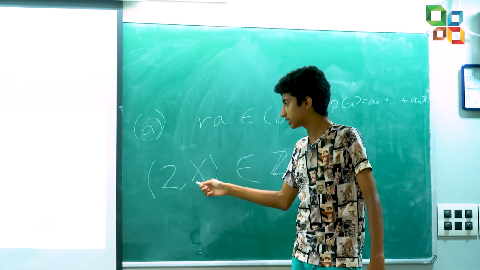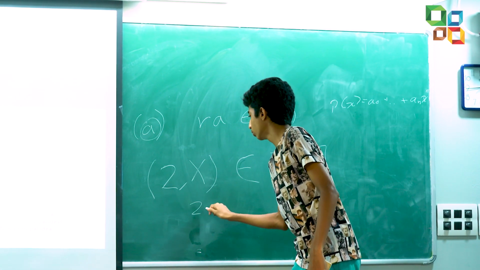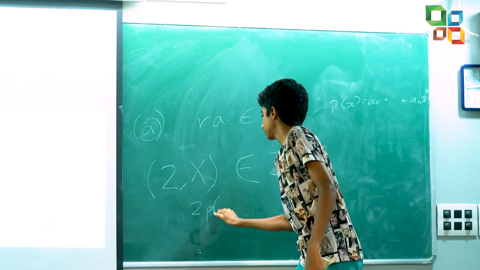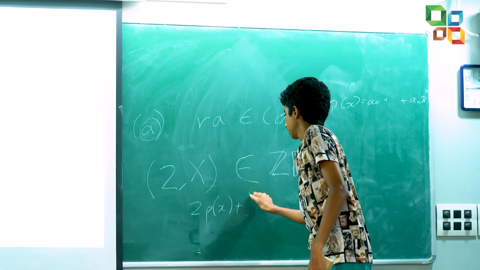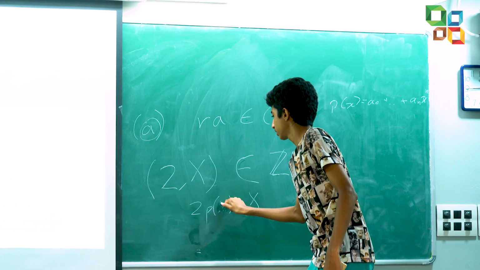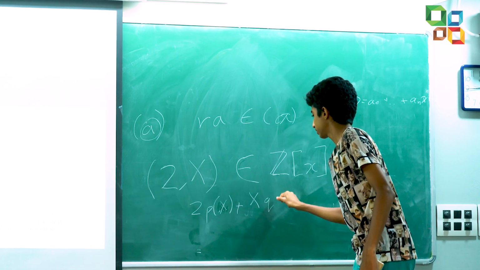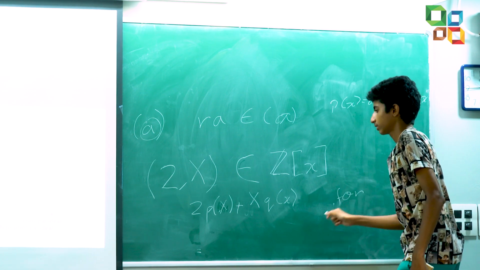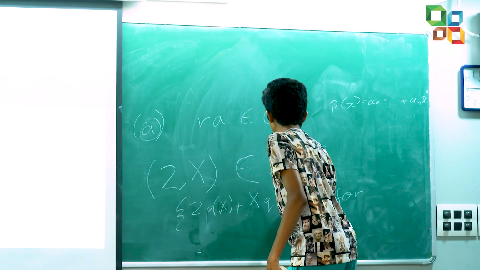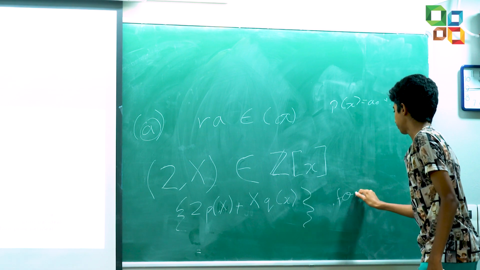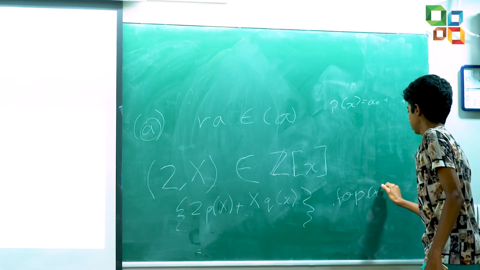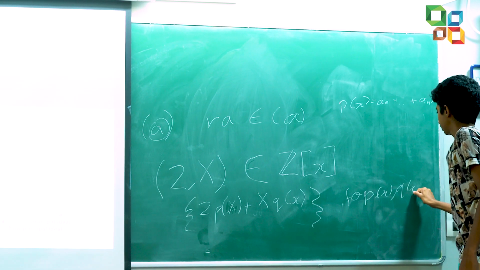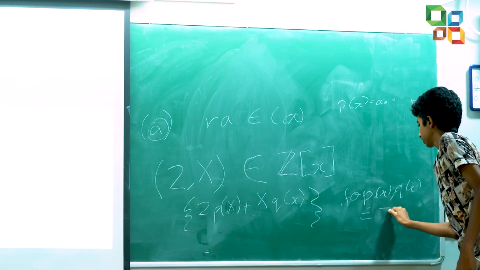All elements in this set are of the form 2 p(x) plus x times q(x), for any p(x), q(x) belonging to Z[x].